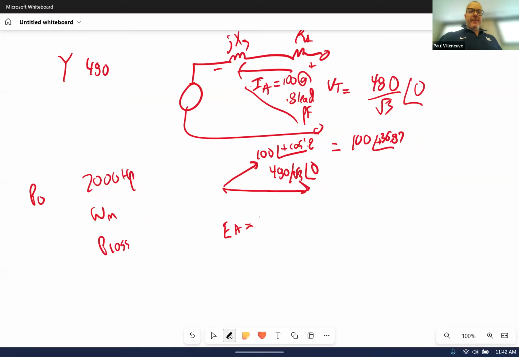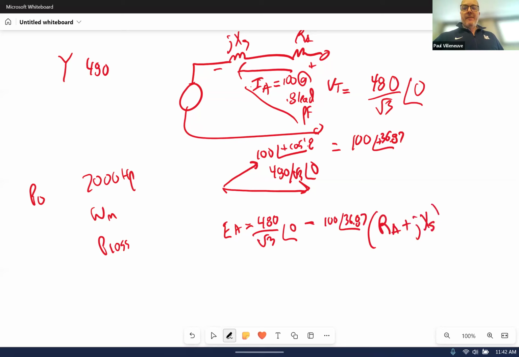EA is equal to 480 divided by the square root of 3 at an angle of 0, plus, or actually minus, because those are drops, right? So the voltage is decreasing. So minus 100 at an angle of 36.87 times (RA plus jXS).